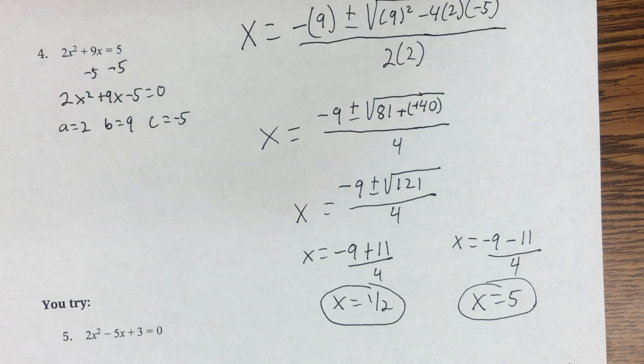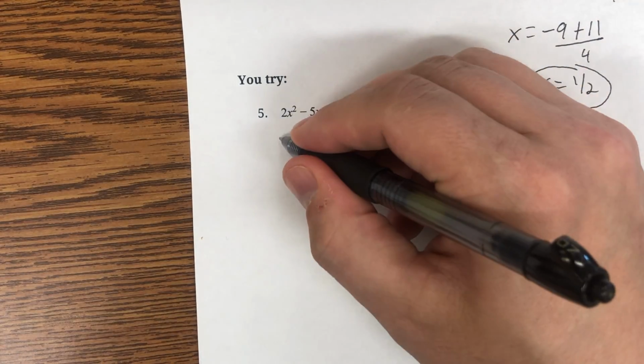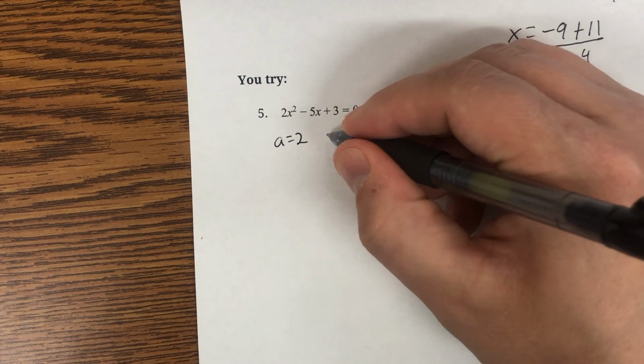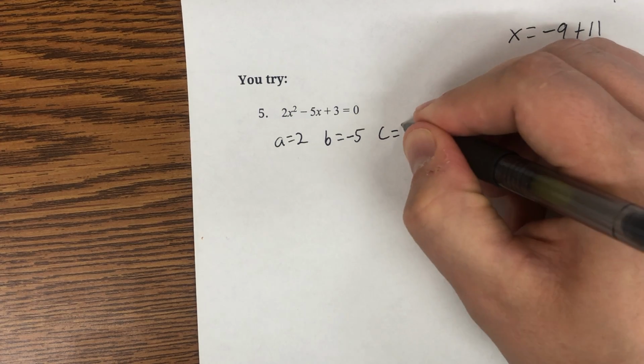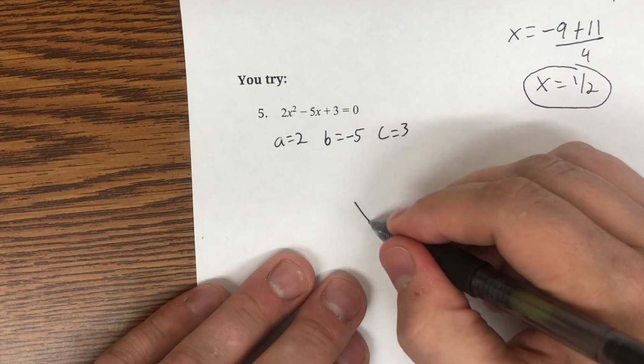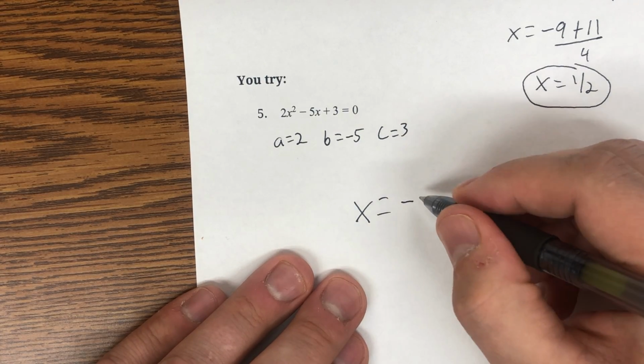Okay? For the U-try, I would recommend trying this one out, then looking at the video again to see if you get stuck. Put it on pause, but here we go. First step, identify A. That's 2. B is negative 5. C is 3. Plugging it in. Negative b.